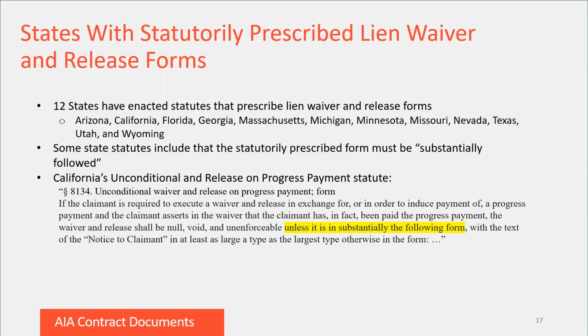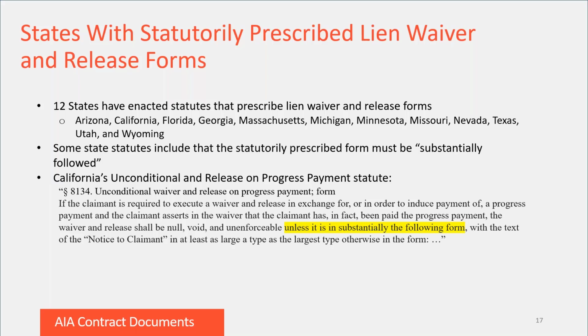By way of example, California's lien waiver and release statutes include this language, which is shown and highlighted on the slide. Under Section 8134 of the California Civil Code, unconditional waiver and release on progress payment forms shall be null, void, and unenforceable unless it is in substantially the following form, with the text of the "notice to claimant" in at least as large a type as the largest type otherwise in the form.